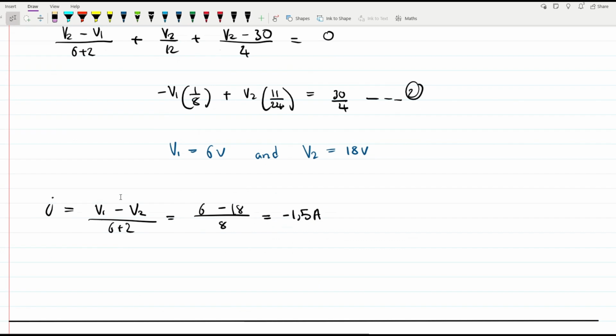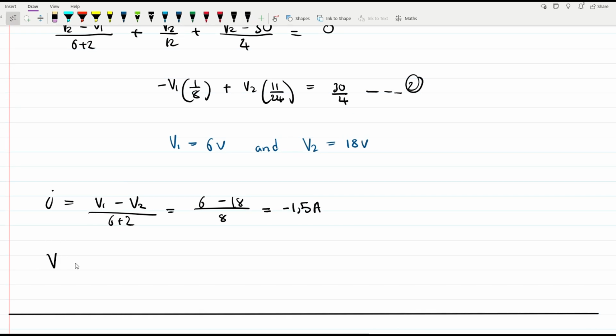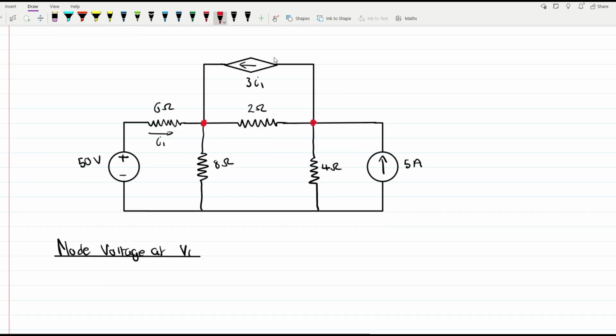So V is equal to 2 multiplied by I plus V2. So 2 multiplied by negative 1.5 plus 18, and you should get 15 volts as your final answer. Heading over to the next example, we're going to do the same thing as before.